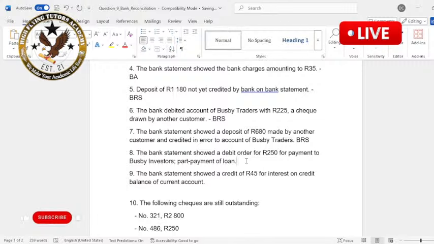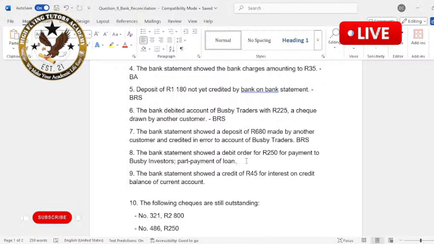The next transaction says the bank statement showed a debit order for 250 for payment to Best Buy Investors, part payment of the loan. So here we were making a payment of the loan through a stop order.